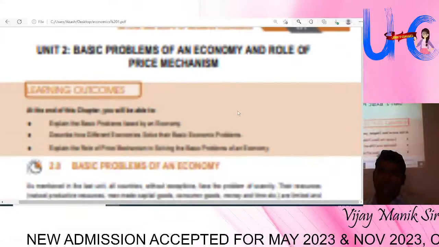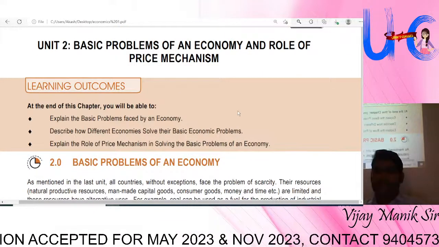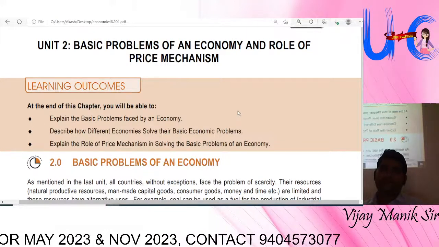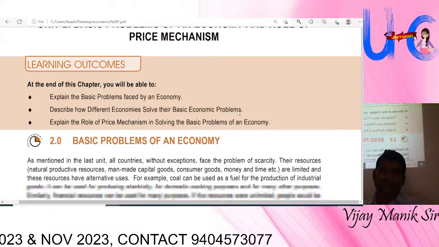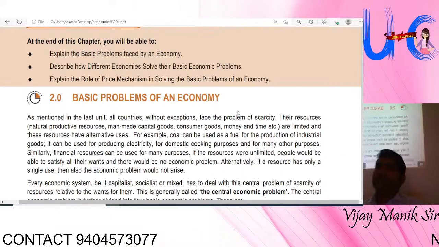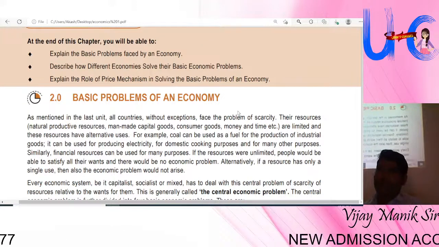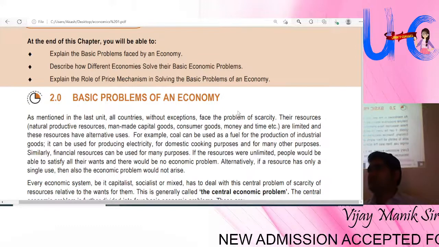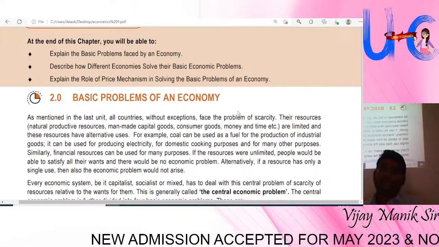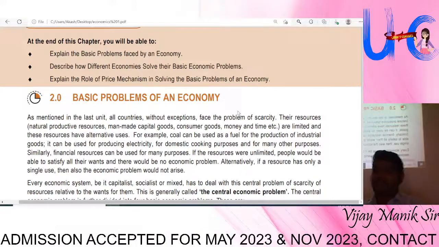Next one is basic problems of an economy and role of price mechanism. What is there in this chapter? Very important things are there. For example, for whom we are producing things, what we are producing, how we produce, what is the objective or purpose of producing things, or whether that producing mechanism can sustain the economy.